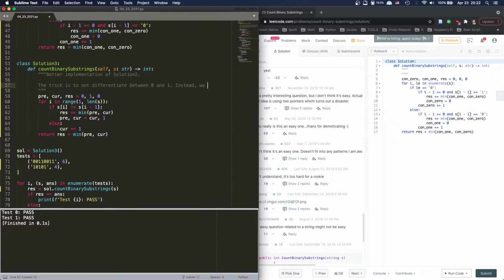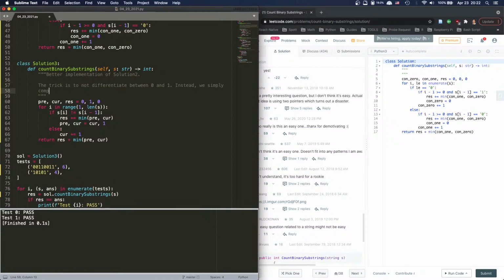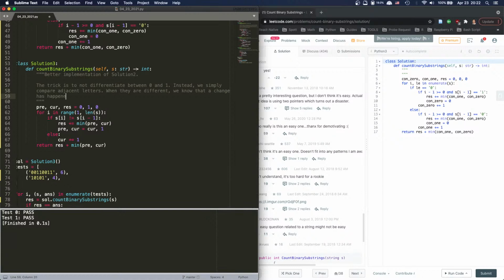So the trick is to not differentiate between 0 and 1. Instead, we simply compare adjacent letters. When they're different, we know that a change has happened.